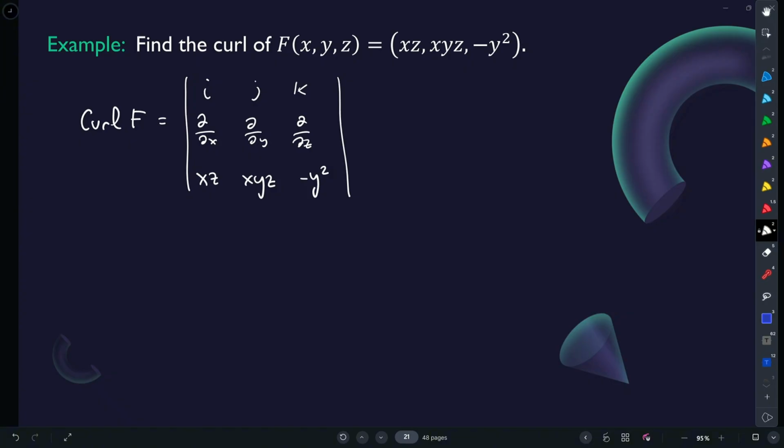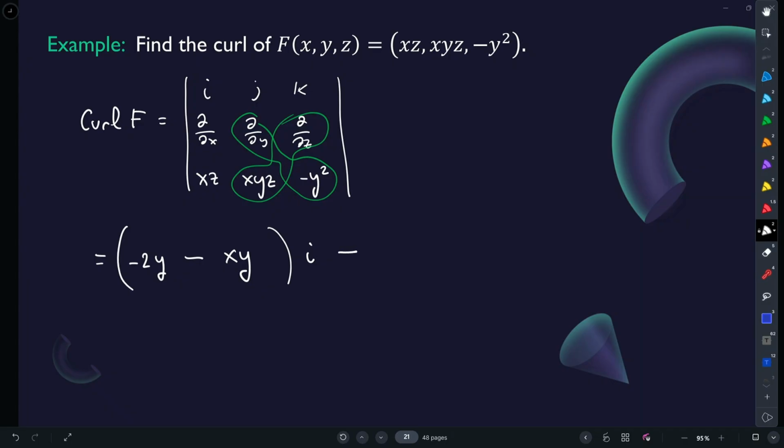So it's going to be equal to, in i I get this minus this. So the derivative with respect to y of minus y squared, which is minus 2y, minus the derivative with respect to z of xyz, which is xy.